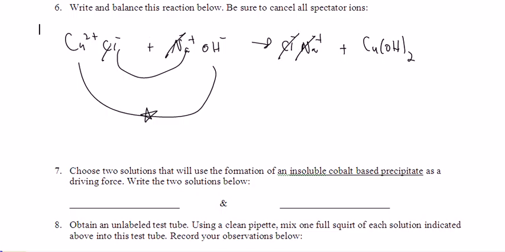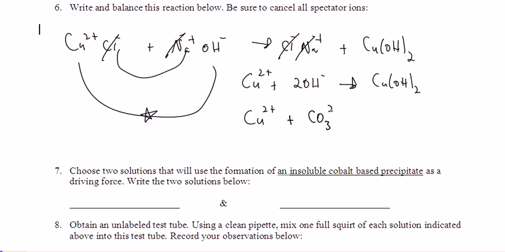Cancel our spectator ions, and your balanced reaction should be like so. If you did this with the other one, your balanced reaction would be like this. Notice that this one you had to balance because of those two OHs.